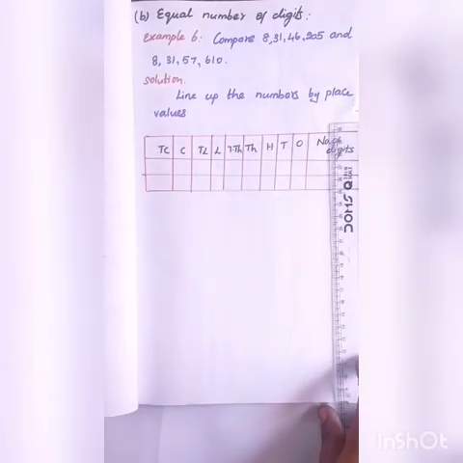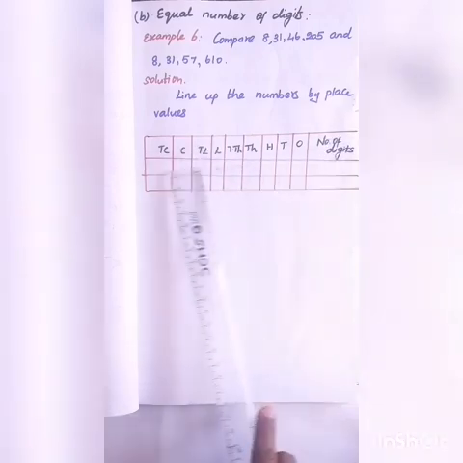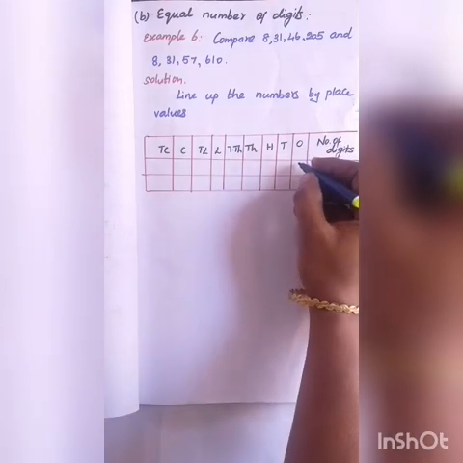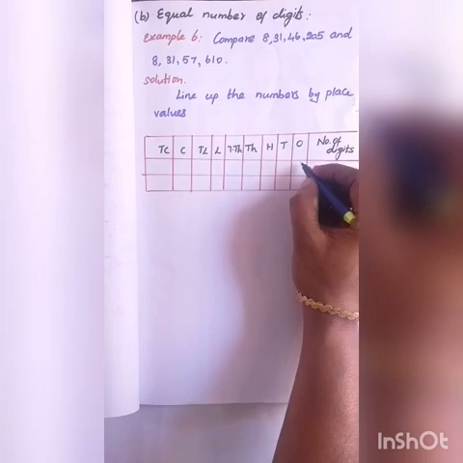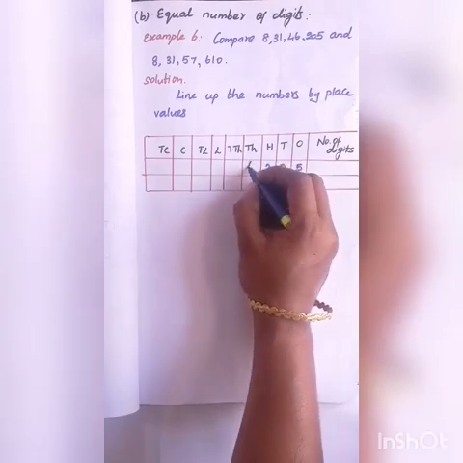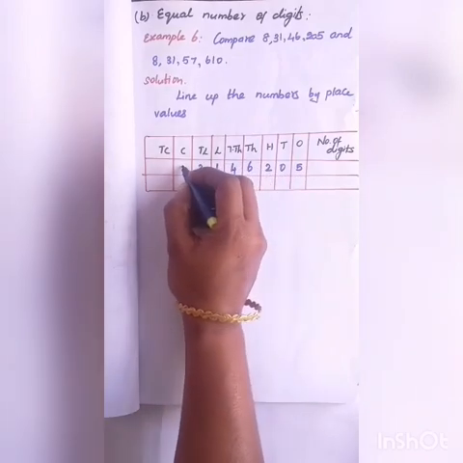According to the place values, you have to line up the numbers. Here you have the Indian place value chart. First of all, you have to fill in the numbers. Let me fill. First one, from ones place, 5 0 2 6 4 1 3 8.